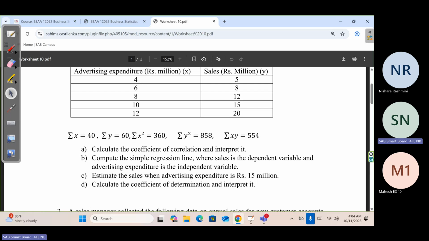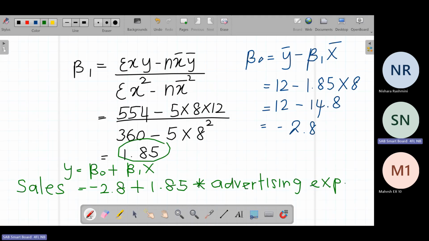Estimate the sales when the advertising expenditure is 15 million. Then you need to identify the sales amount when the advertising expenditure is 15 million. Okay, advertising expenditure is 15 million, so how much are the sales? How do we find out? Now you can use this formula.